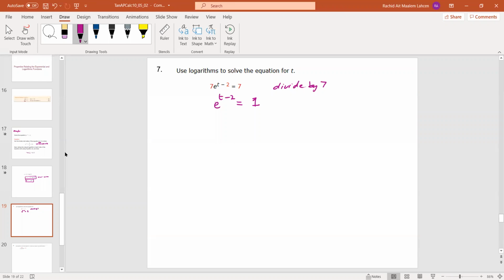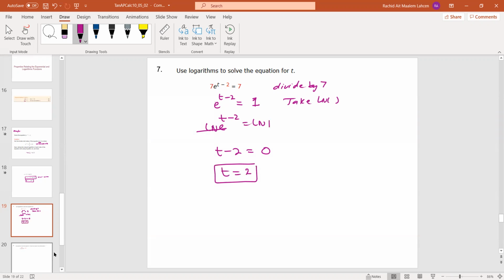Then we're going to take ln to both sides, and this is going to cancel, and we get ln of 1 is 0 and t equal to. And you can check whether that's correct or not.